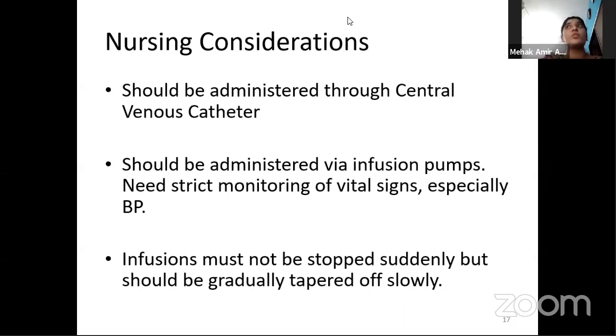It should be administered with infusion pumps, and vital signs should be strictly monitored, especially the BP and the MAP, with the target above 65 to 70 as your physician advised.